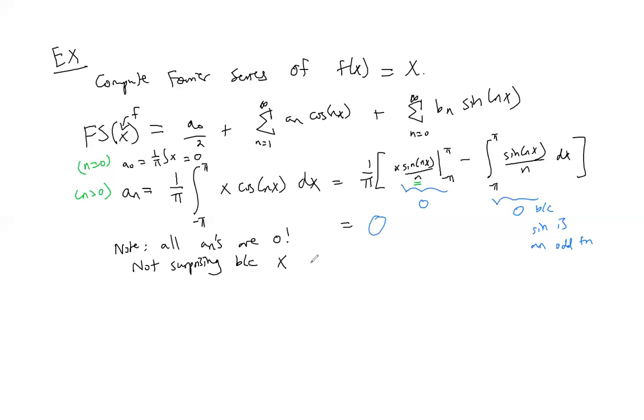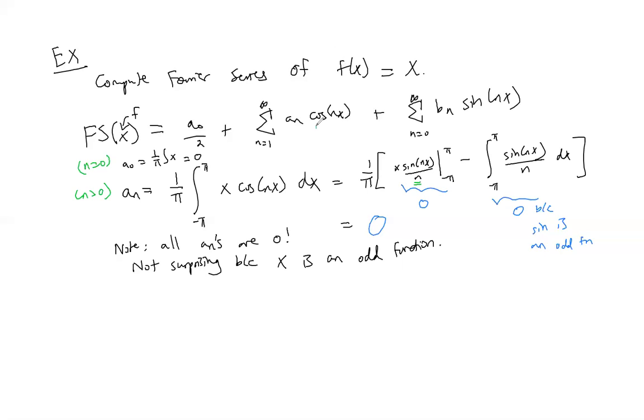This is not surprising actually, because is x an even or an odd function, both or neither? Well, x is actually an odd function. And if you're writing x as a linear combination of cosines and sines, well, cosine's even and sine is odd. And so if you're writing an odd function, it should only be written as a sum of odd functions.